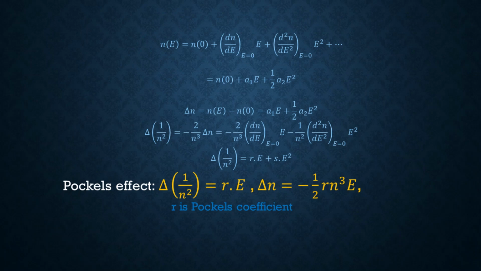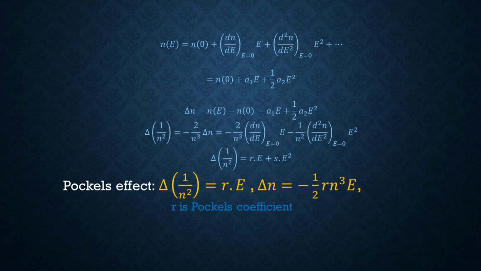Putting in the value of delta n, we get delta 1 by n square equal to minus 2 by n cube dn/dE at E equal to 0 times E minus 1 by n cube d2n/dE2 at E equal to 0 times E square. So delta 1 by n square can be written as r E plus s E square, where r is equal to minus 2 by n cube dn/dE at E equal to 0 and s is equal to minus 1 by n cube d2n/dE2 at E equal to 0.